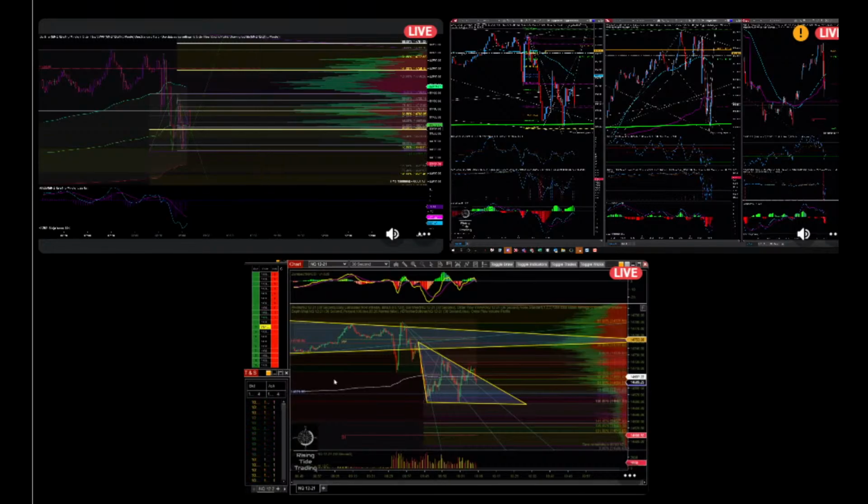I don't believe this is a real pullback down. This might just be wiping out some longs before it heads back up.